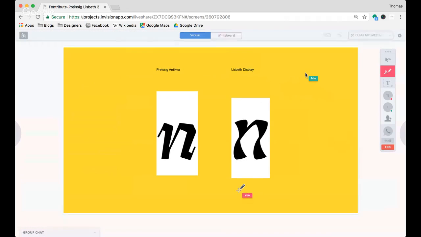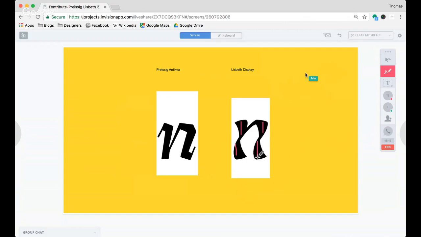So I think the first thing we can see is the approach of the terminal system decisions across both. They both have a sense of italic, but one is using these exit terminals to create a secondary momentum, while Lisbeth less so, or at least not directly. Lisbeth has an overall implying of an italic, but because of the way these stems have been handled, it's kind of folding on themselves.